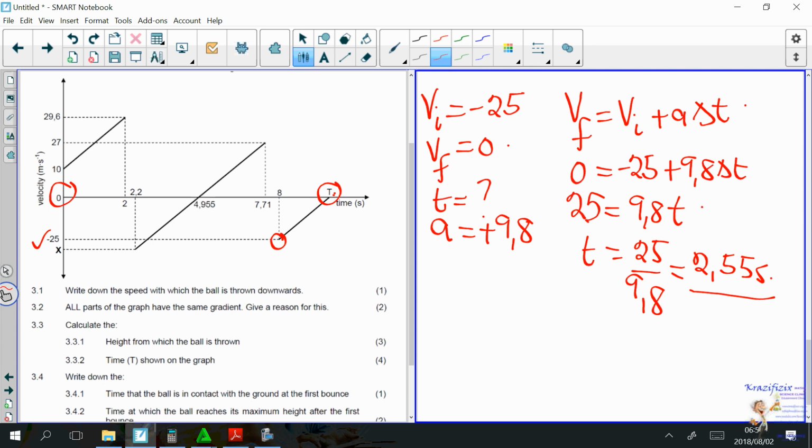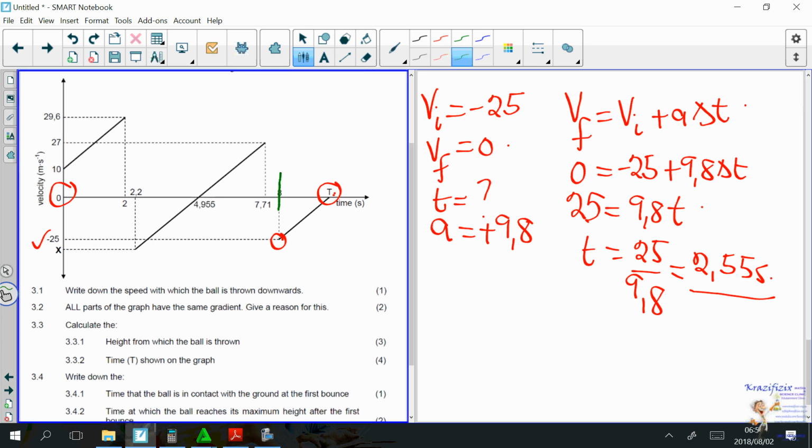But hold on. The time frame, we started from here. Now, this is where learners don't get it. We started from here and we ended here. It means the time frame between these 2 points is now 2,55. So what is the time at t?